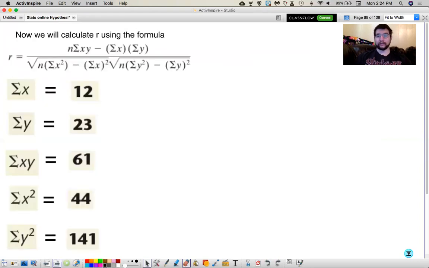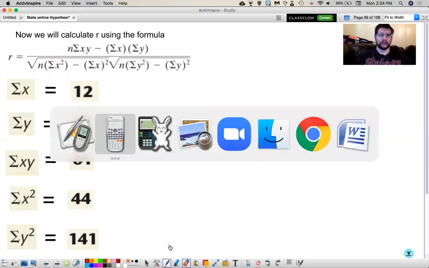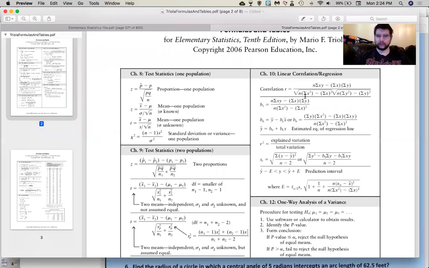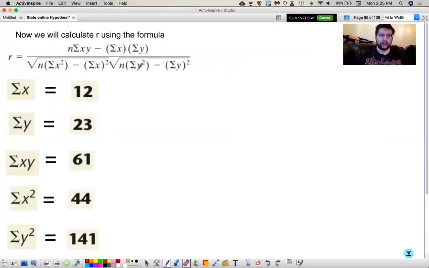Now let's do it by hand. Here's the formula. Here's all the variables. We should get the same thing for R. I'll do it in both calculators. Does it have a multiplication symbol here? It does not. Make sure you understand that this is multiplying right here. I think the TIs would understand that, but the Casios won't.